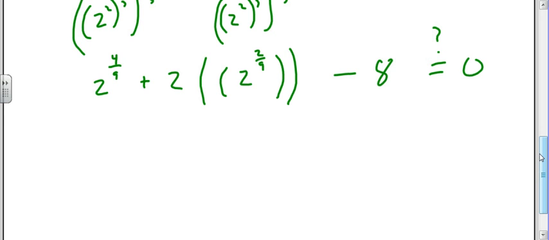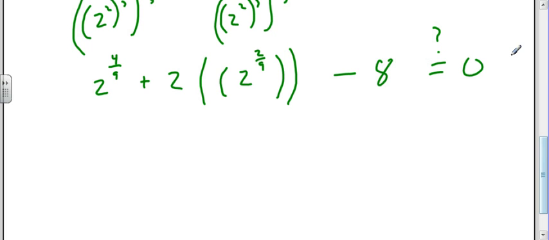Thank you very much, $20 calculator. 2 raised to the 4/9 plus 2 times 2 raised to the 2/9 minus 8. Boom. No, that ain't right.